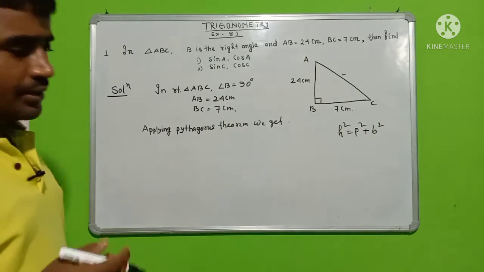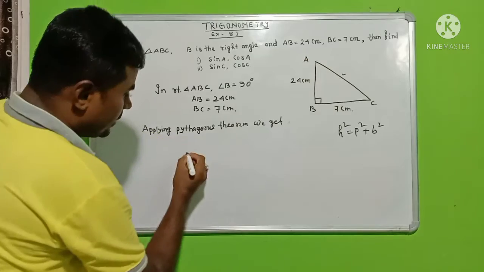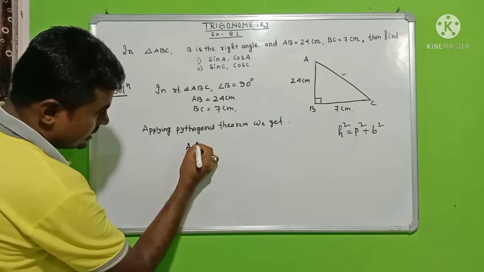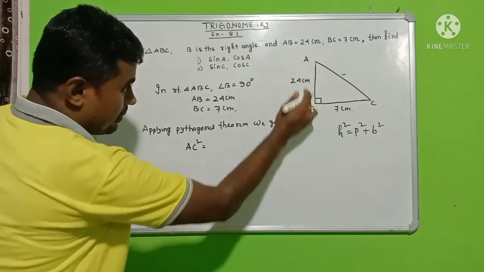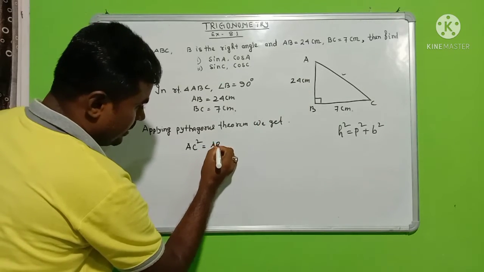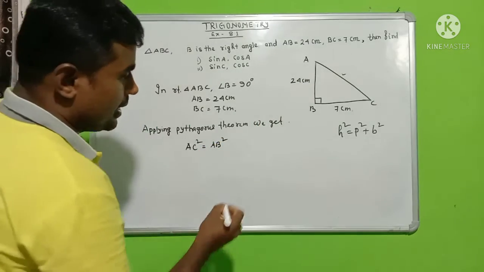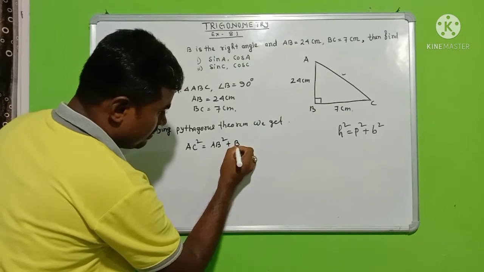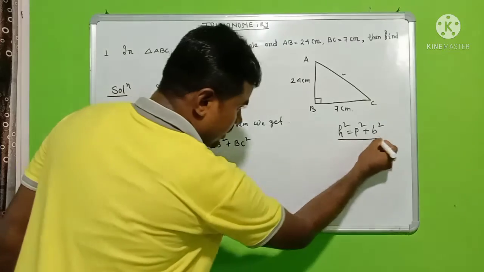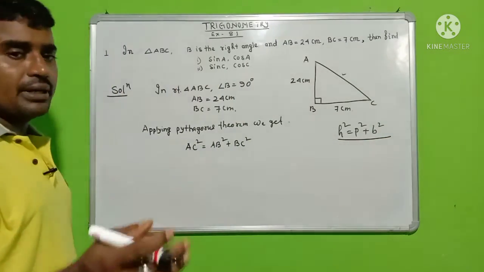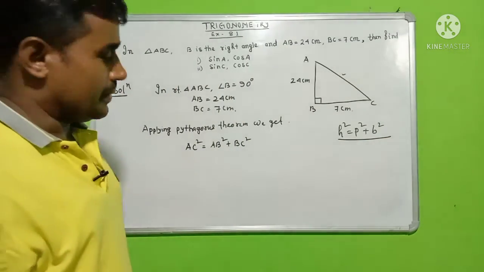Our hypotenuse is AC, so AC square. Our perpendicular is AB, so AB square. And our base is BC, so BC square.